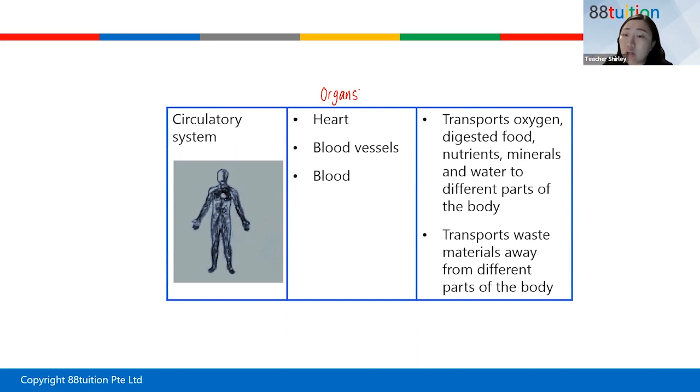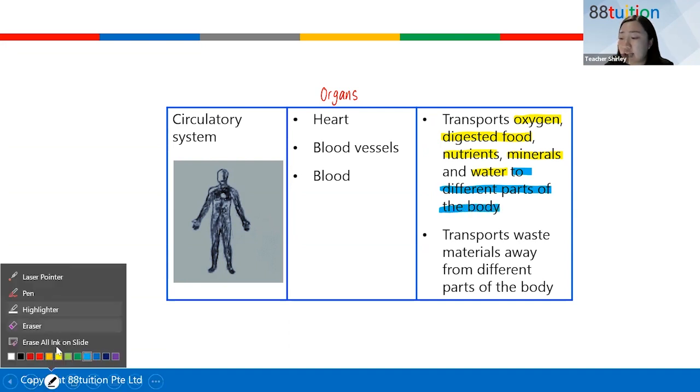There are two groups of substances that it transports. The first one is oxygen, digested food, nutrients, minerals, and water. And this goes to different parts of the body.